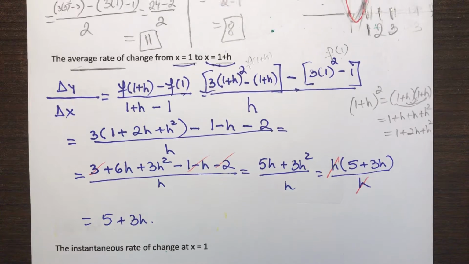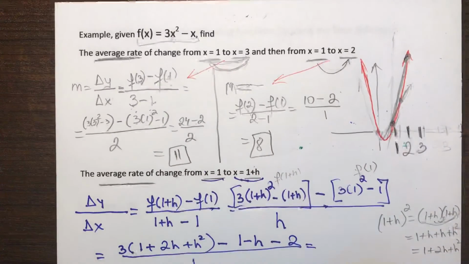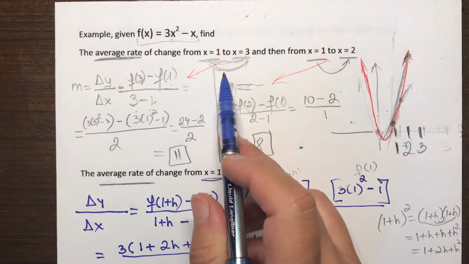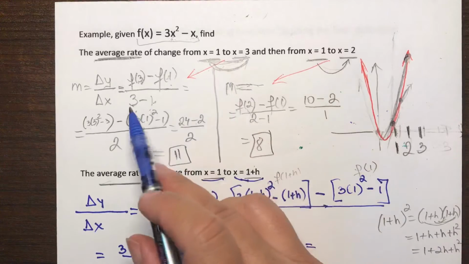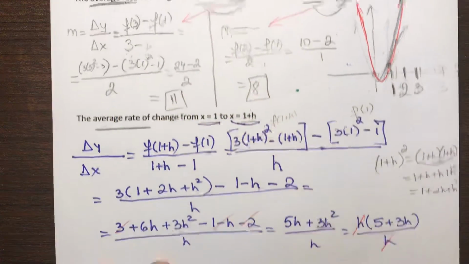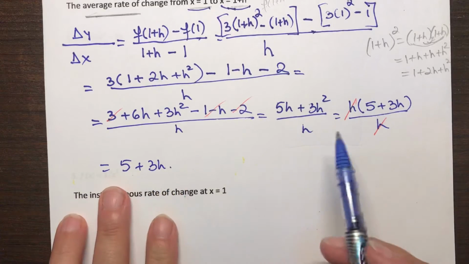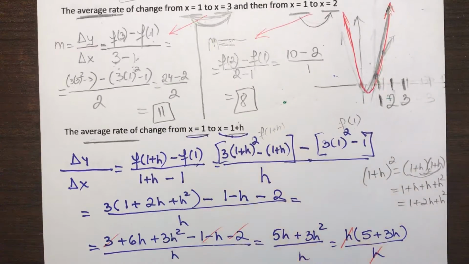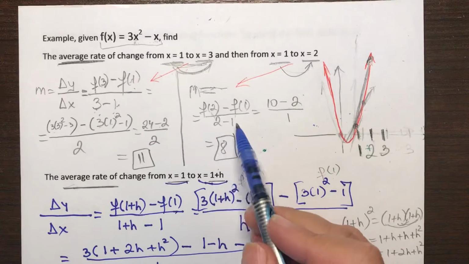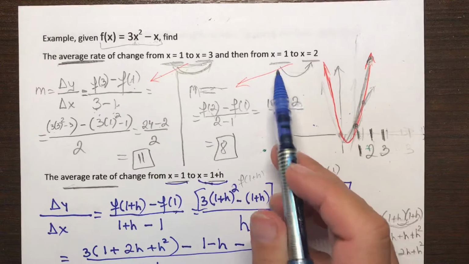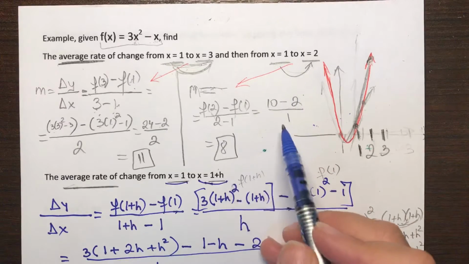Okay, so really, as you saw, what is the h distance between these two values? The h distance between these two values was a 2, yes? So if I were to actually plug this 2 in here, 5 plus 3 times 2, that's 11. Yes, that's why we got that. What is the h distance here between this first one and the second point that we found? The h distance between them is 1, right?